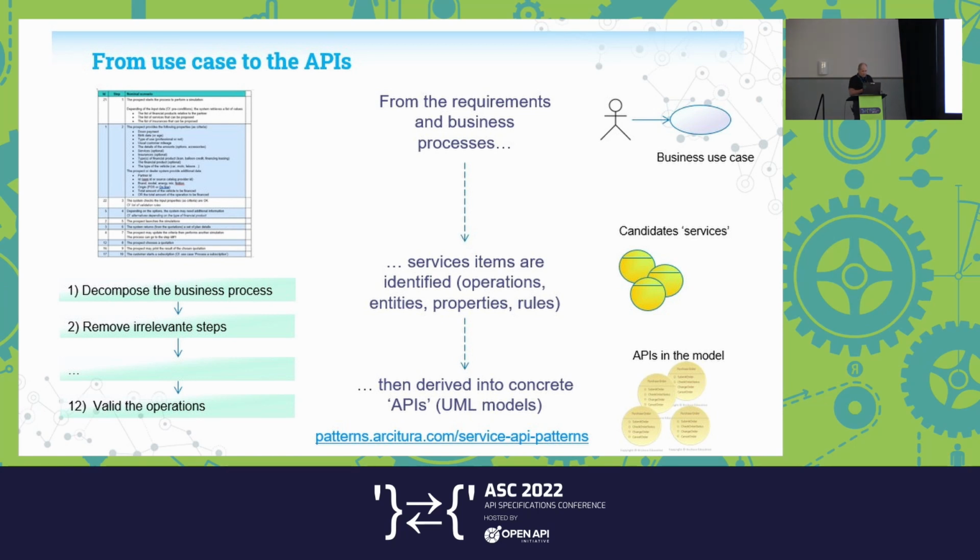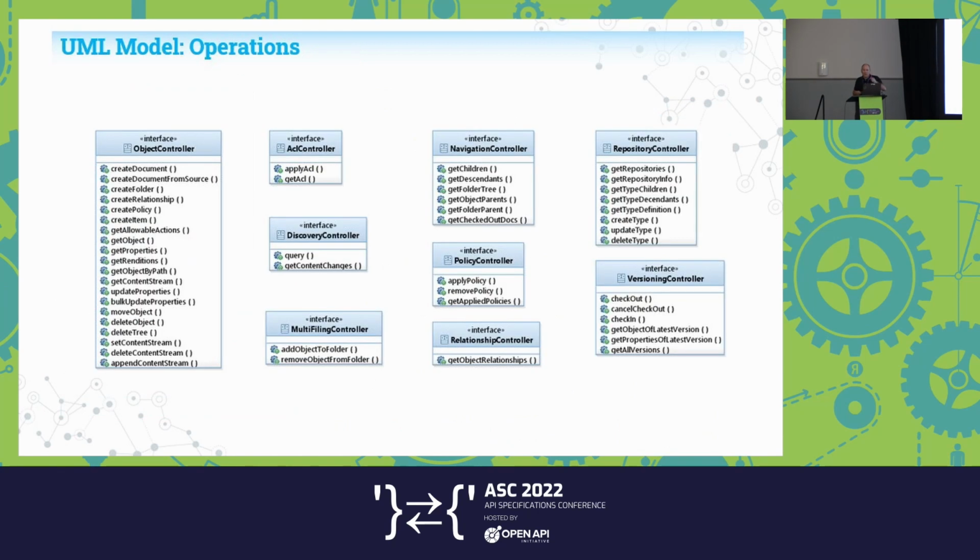Okay, then from that, I'm able to create, here this is the modeling of CMS. CMS is a standard for content management. Each interface, in fact, this is one API. And it includes a set of operations.